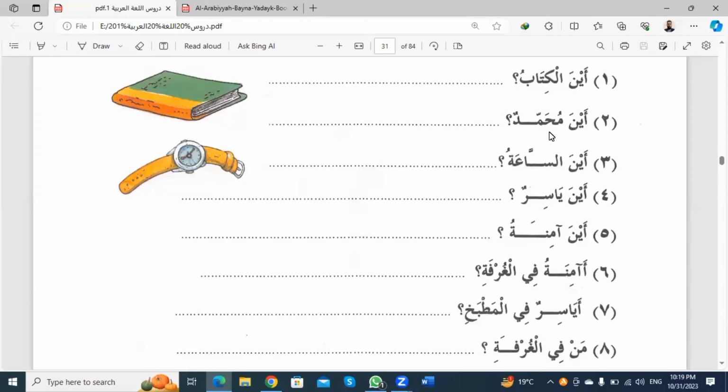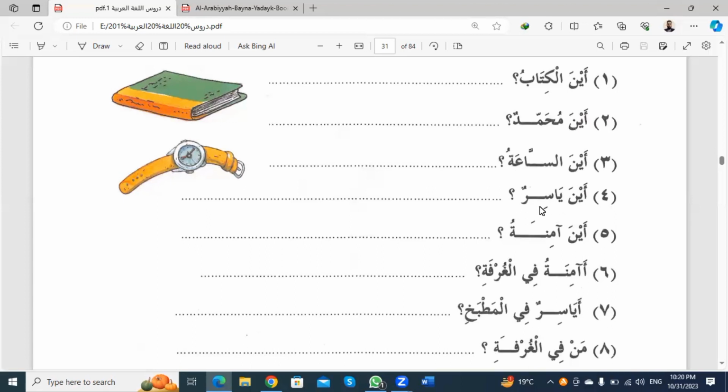So, huwa fil fasle. Right, very good, excellent. And this is aina sa'atu. Where is the watch? The watch is on the bed. Hiya ala sarire. Right, very good.